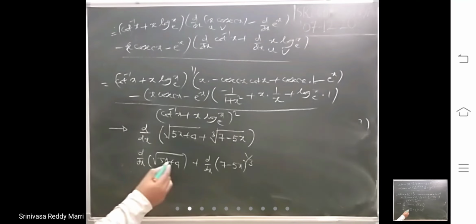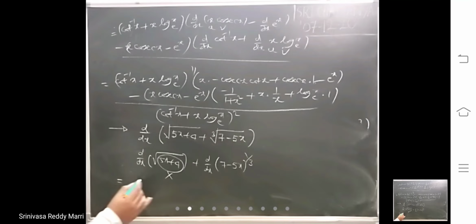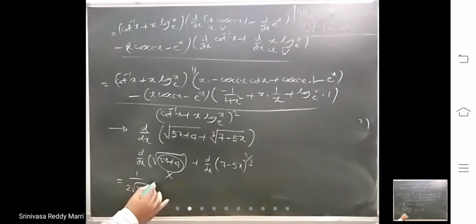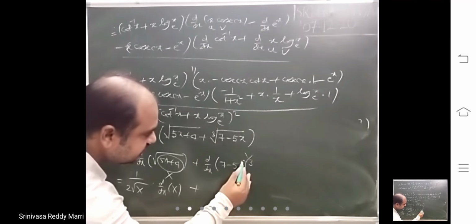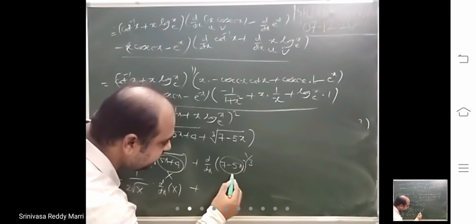Now this one, root x formula is there. So root x formula is what? 1 by 2 root x into d by dx of capital X, plus. So now this is x here. For the second one, x is this.